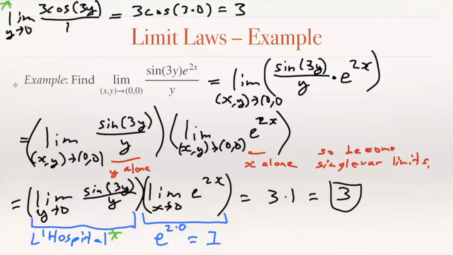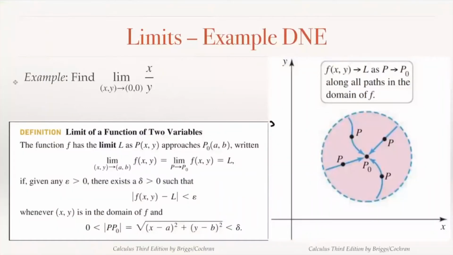So if you can separate it in this way, always do so, and you're good to go. Let's do another example. Let's find the limit as (x,y) approaches (0,0) of x over y.